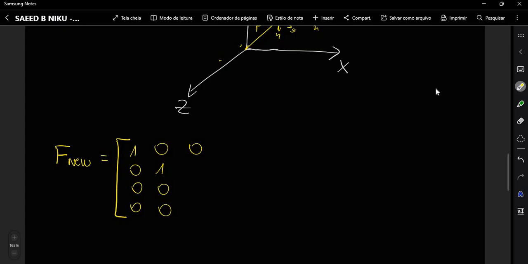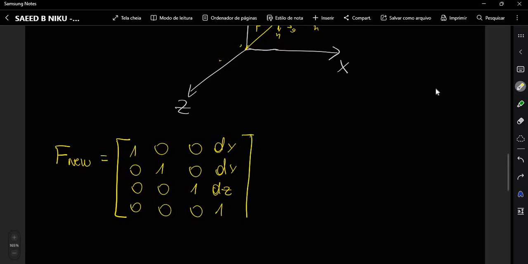So we don't have any rotation movement, and that's why we are completing with zeros, the x, the z, one.